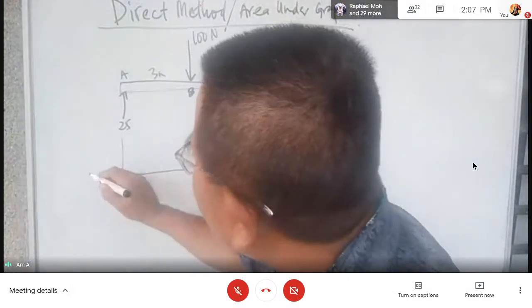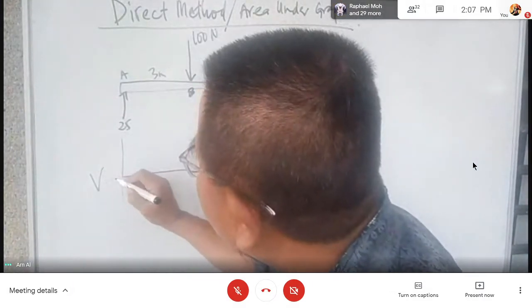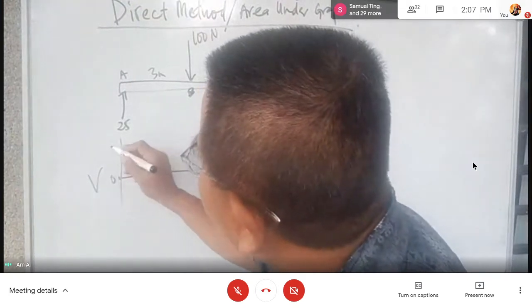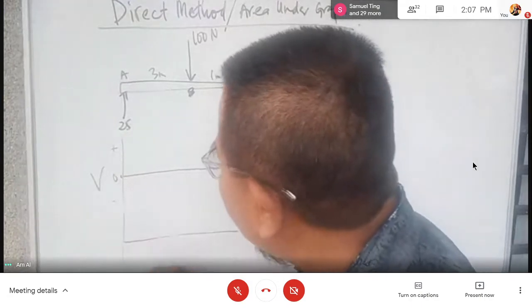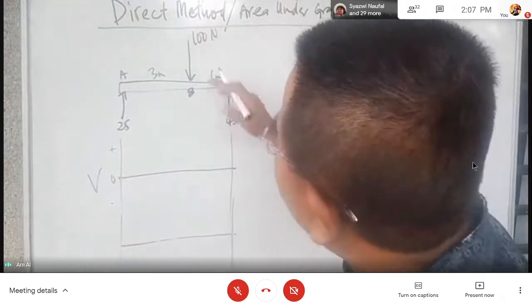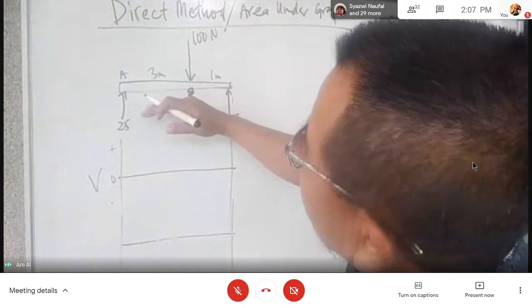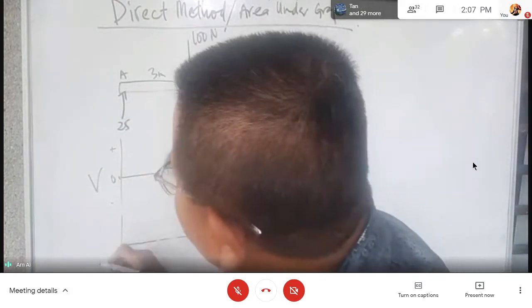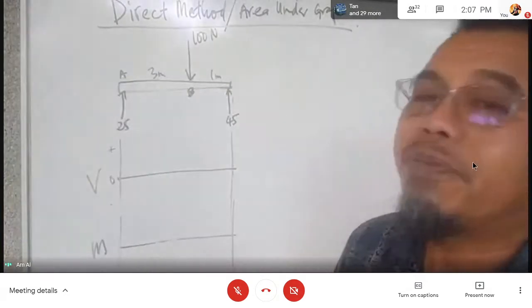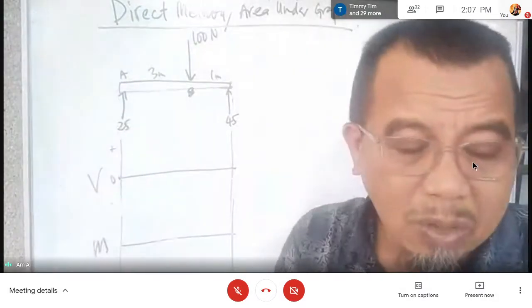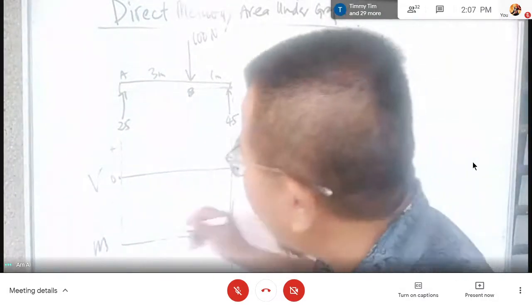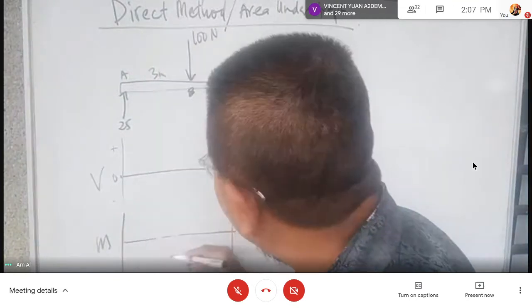We have the V graph there, the 0 there, the positive there, the negative there. And then we have the moment graph underneath that one. Underneath that loading, there's a V and a moment graph. So this is what we want to do. We want to plot the moment and the V graph.